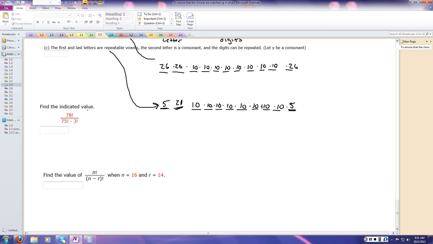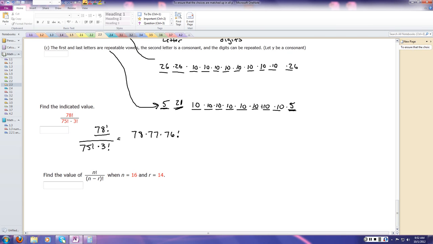Find the indicated value, just like we did on the PowerPoint before. I'm going to have 78 factorial over 75 factorial times 3 factorial. Now when my numbers are really large, I could plug this in the calculator, and that's perfectly fine. But 78 factorial is 78 times 77 times 76 factorial, right?